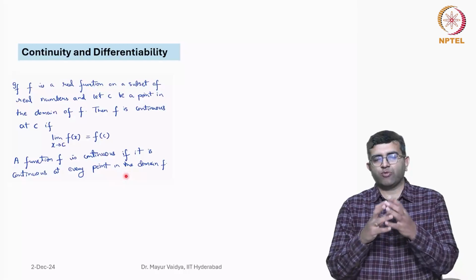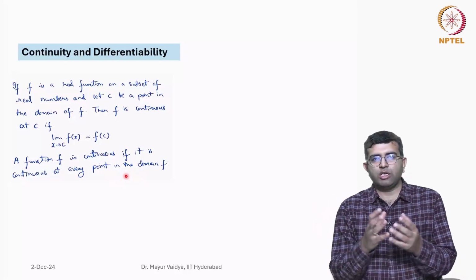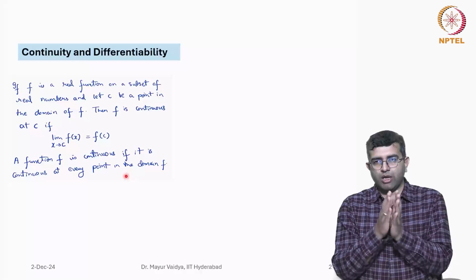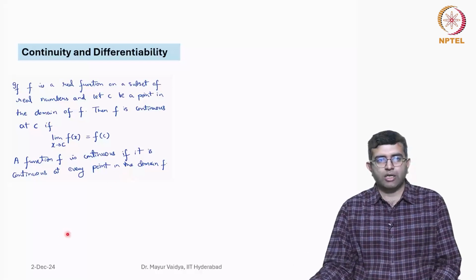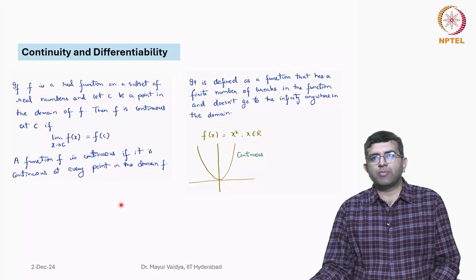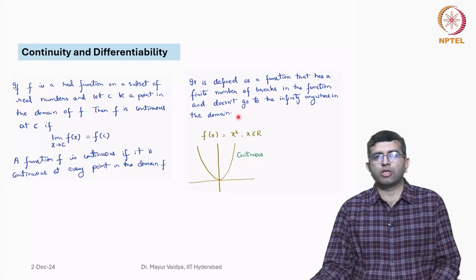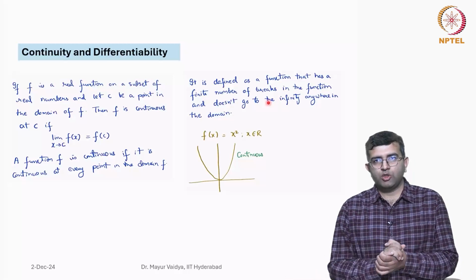So that means if the domain of the function is, let us say, 0 to infinity, and if it is continuous at every single point in this domain, then we call the function a continuous function. Now, sometimes you also have what is known as a piecewise continuous function, which is defined as a function that has a number of breaks and does not go to infinity anywhere in the domain.